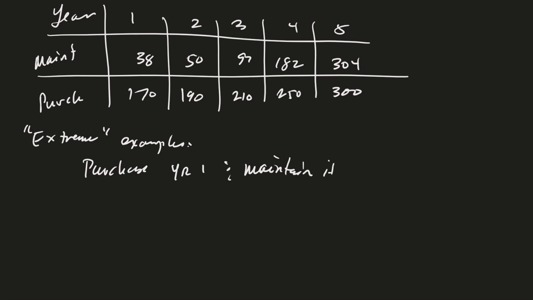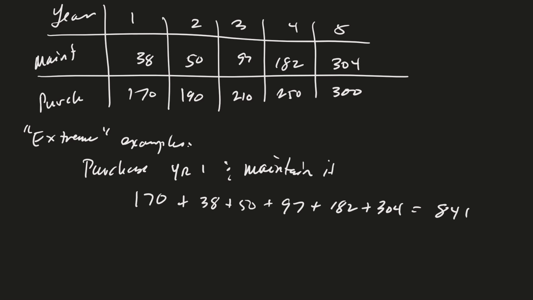What would my cost be? $170 for the purchase price, and then $38 for the first year, and then $50, $97, $182, $304. That gives me a total of $841.